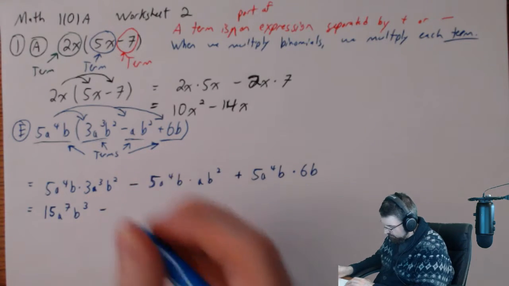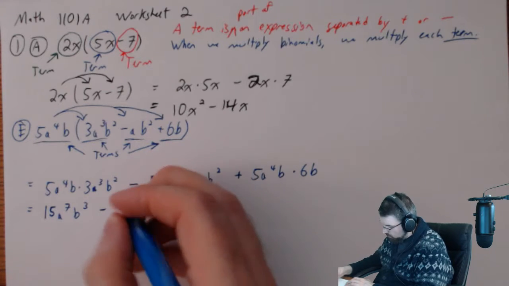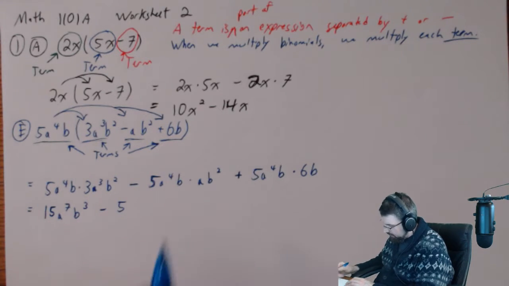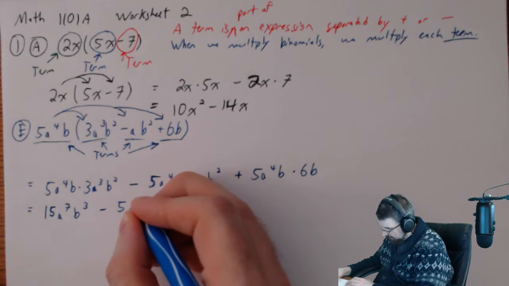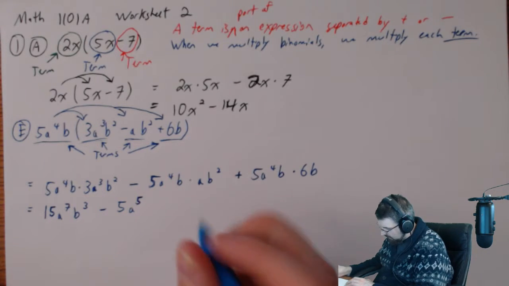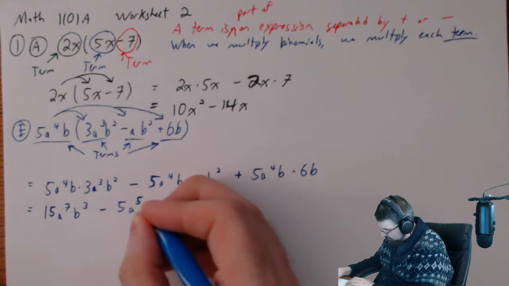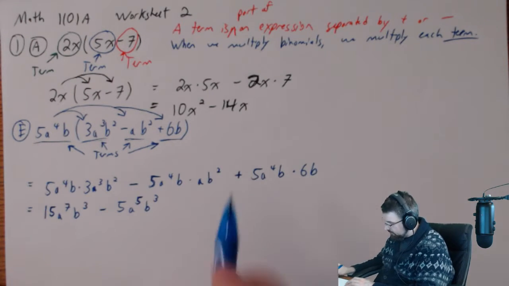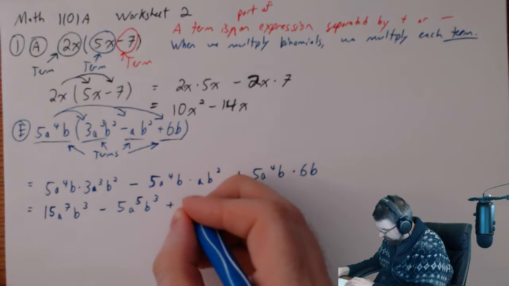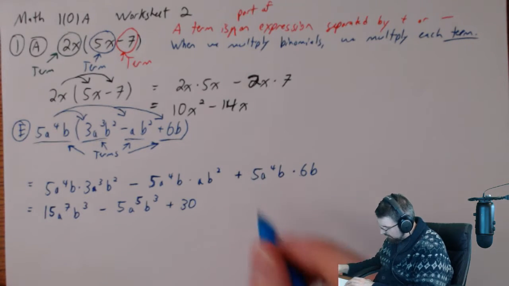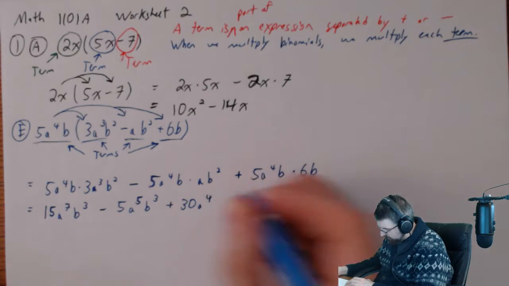Now subtract. This next one has a 5 and a 1, so that's going to stay being a 5. A to the 4 and a to the 1, or just a, is going to be a to the 5. And then b and b squared is going to be b cubed again. Now lastly, for the final step, we're going to have plus 5 times 6 is 30. A to the 4 is just a to the 4 still, because there's no other a.